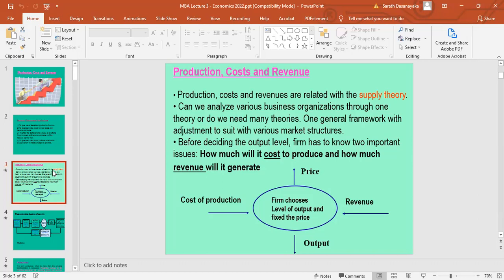The critical question is, can we analyze various business organizations through one theory, or do we need very many theories? If you look at practice, there are so many people doing business. One man is doing it, 2 men, 3 men, 4 men, government is doing business. Companies are doing business, NGOs, citizen groups are doing business.